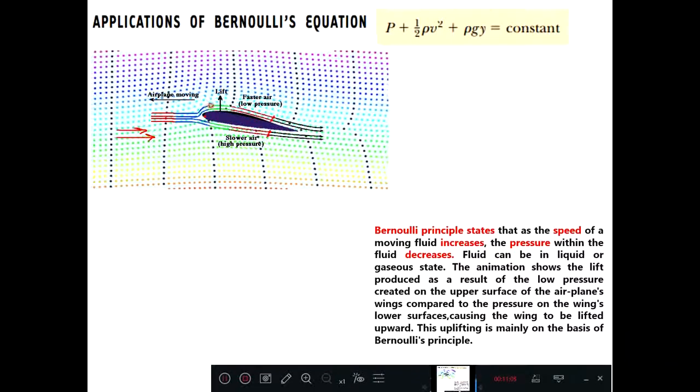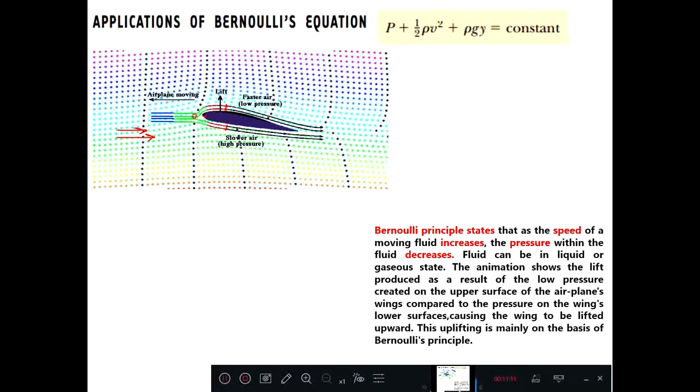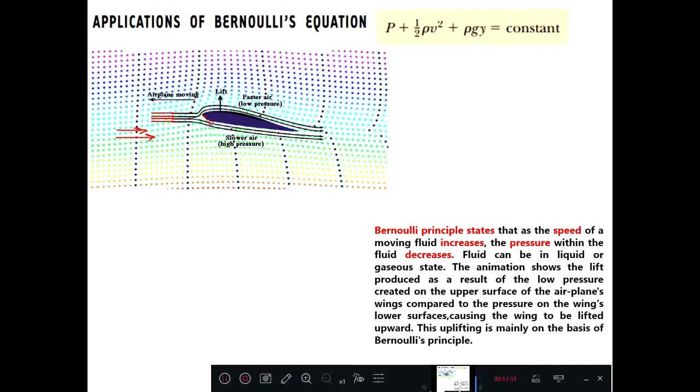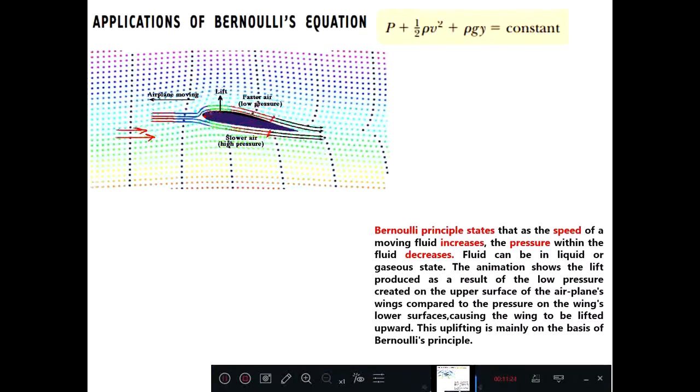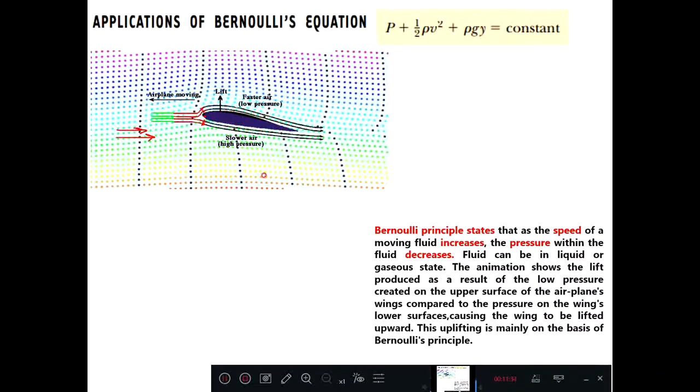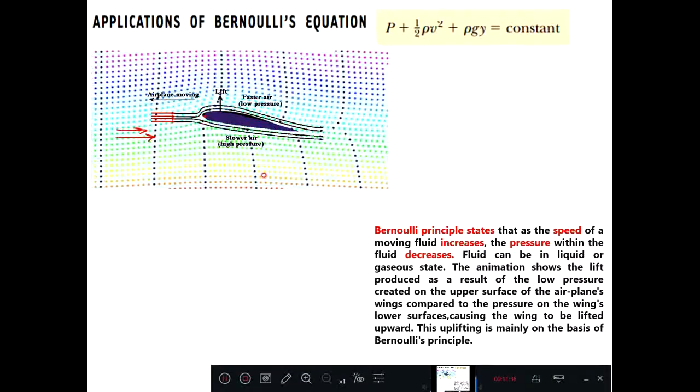See, this air flow will be in the form of streamlines. Some air particles will move in the upward direction, and some will move at the lower part of the wing. So some take the path of the upper portion of the wing, and some take the path of the lower portion. Okay, so what exactly will happen in this situation?